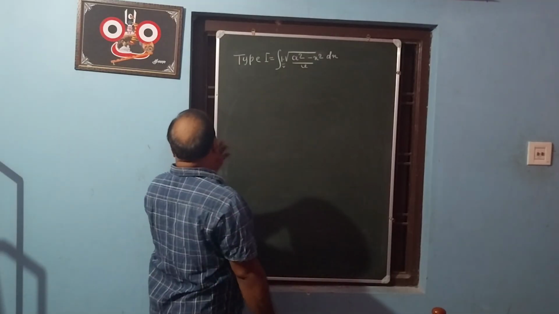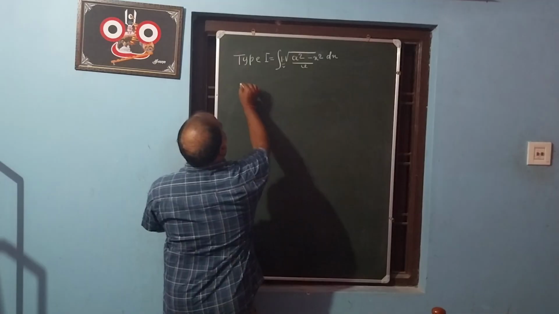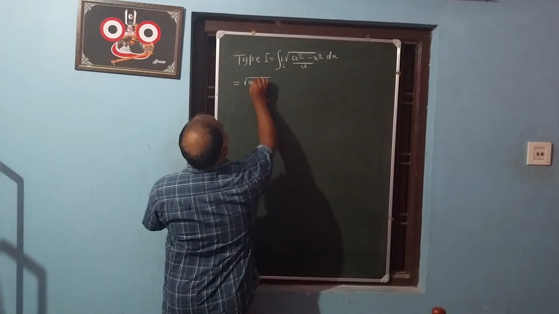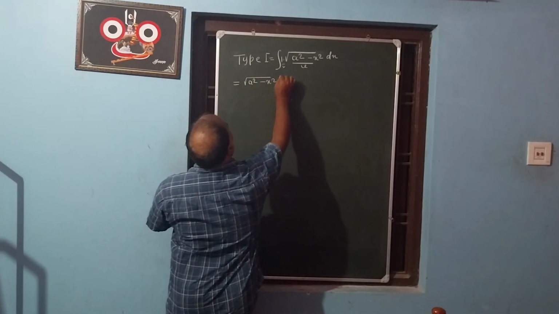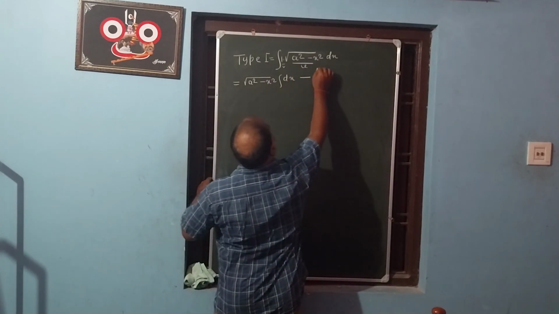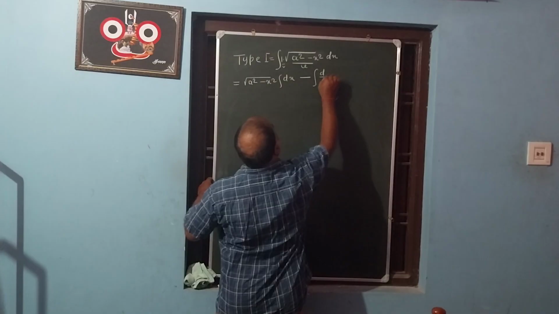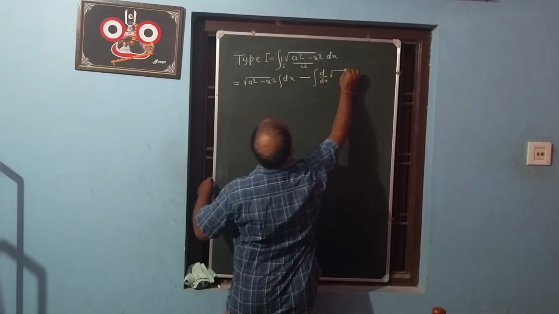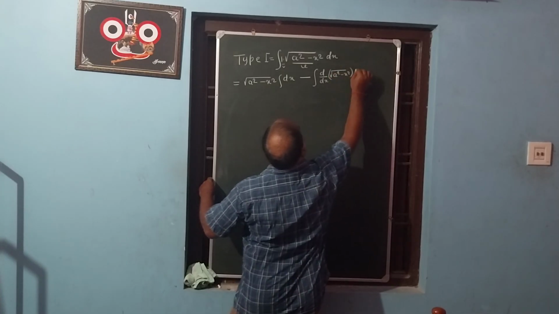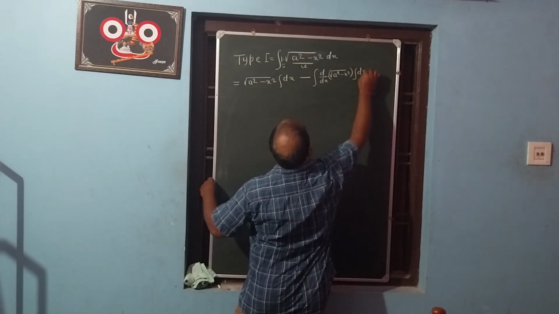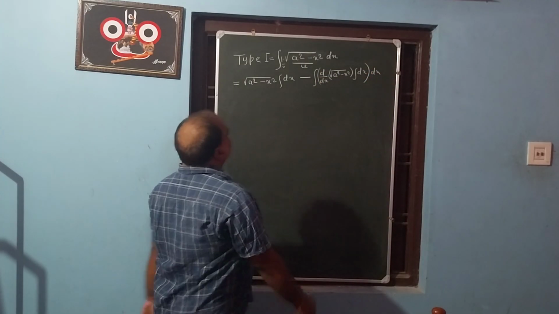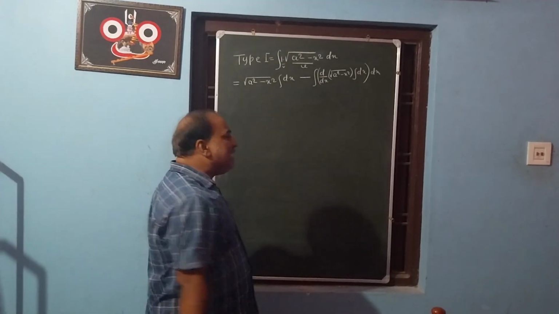Applying integration by parts: first function, root over a square minus x square, into integration of dx, minus integration of the derivative of the first function, root over a square minus x square, into integration of dx, whole into dx. Integration of dx is x.